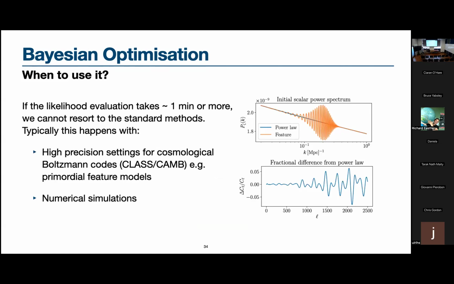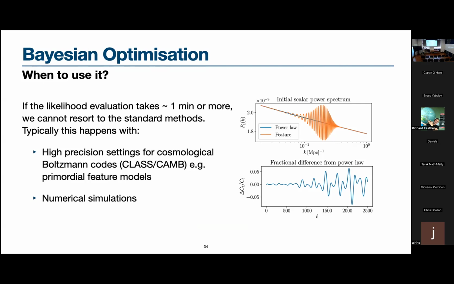So this kind of situation arises when you're looking at high precision settings, for instance, for your cosmological Boltzmann code. You might be testing some deviations from a scalar power law spectrum. And for this, you need to really crank up the precision settings on your code, which definitely slows down the evaluation of your cosmology.